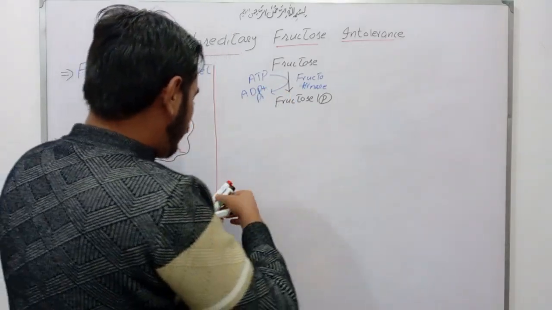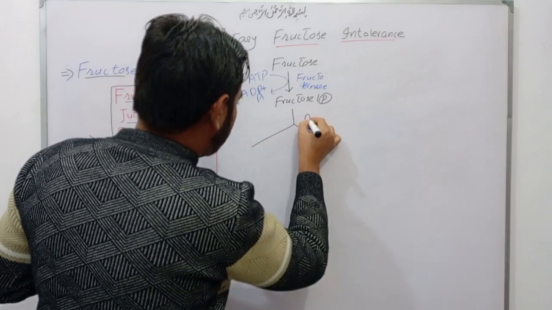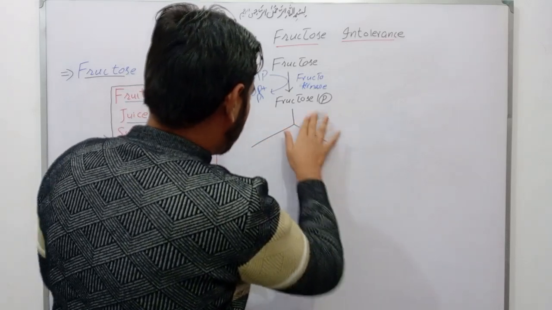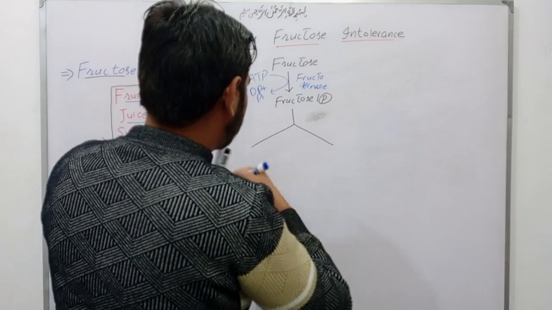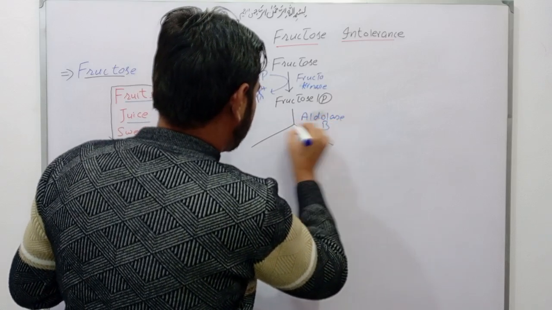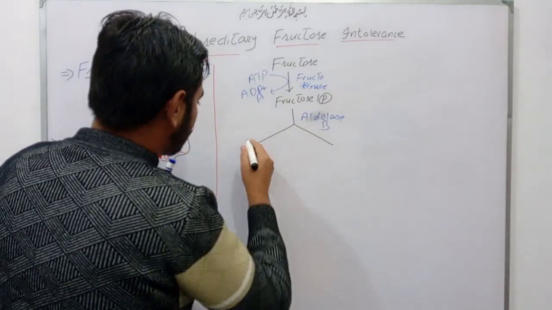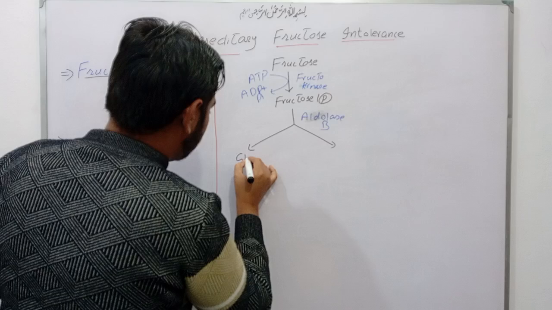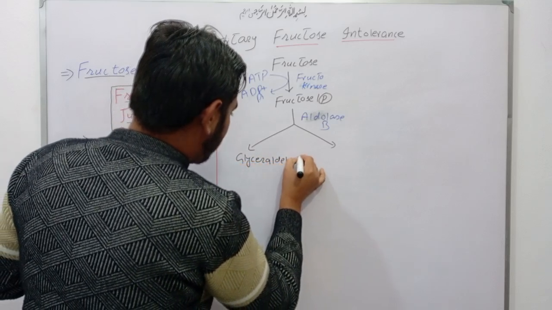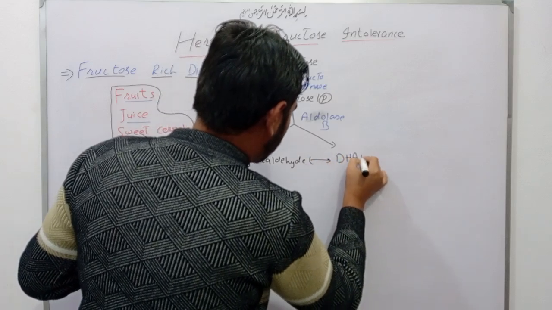This fructose 1-phosphate, by the action of aldolase enzyme, aldolase B, converts into glyceraldehyde and dihydroxyacetone phosphate.